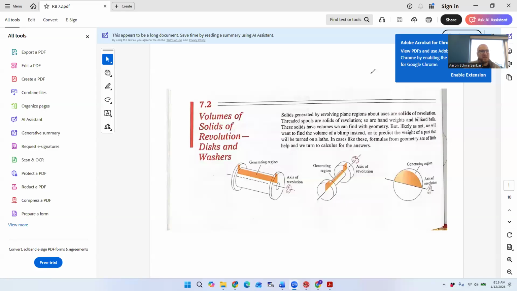Okay, so solids of revolution. What this means is, remember when we did this with a semicircle and we rotated it around the axis, making a three-dimensional shape? We're now going to do this with specifics and not with Riemann sums.